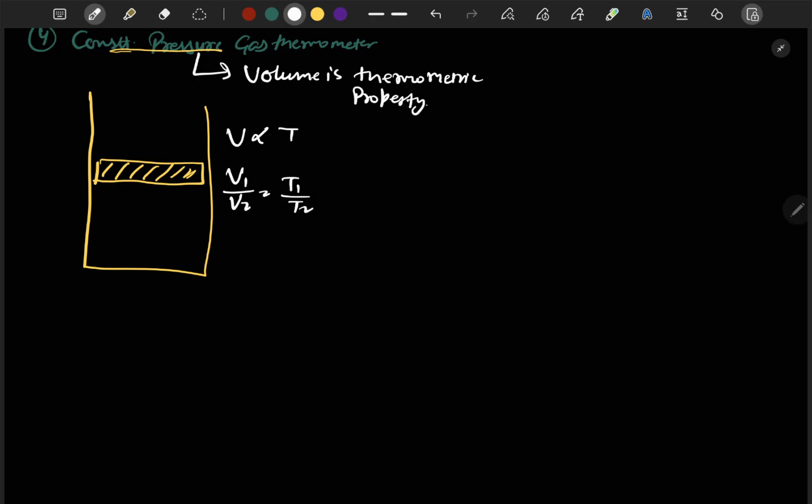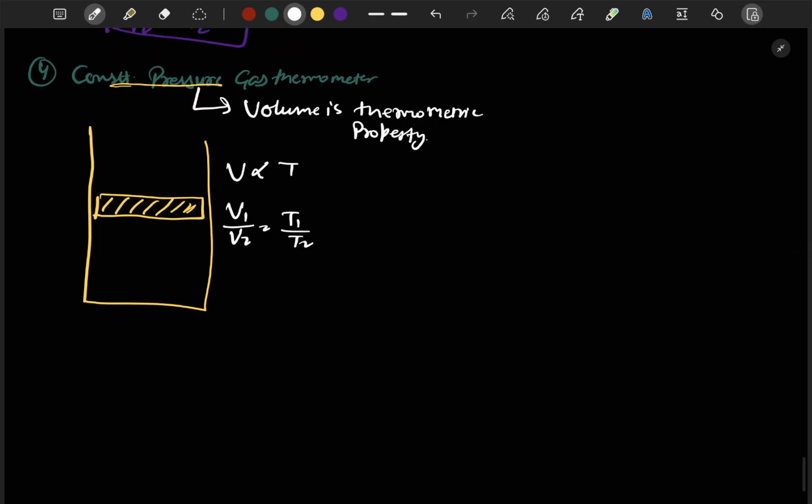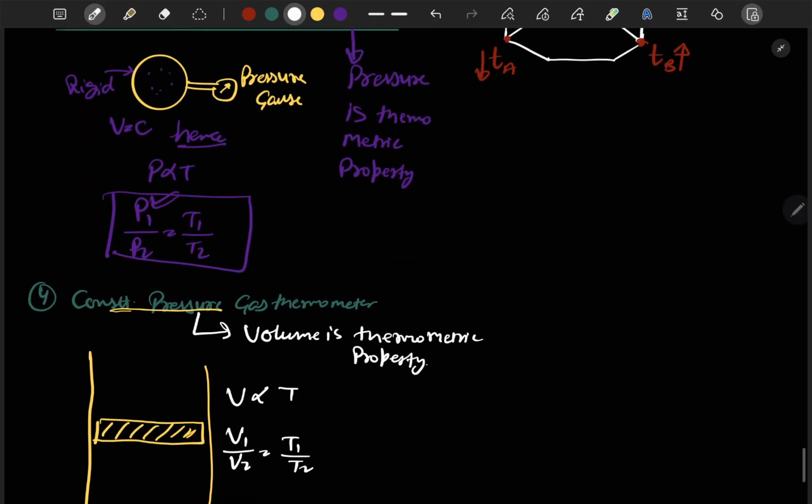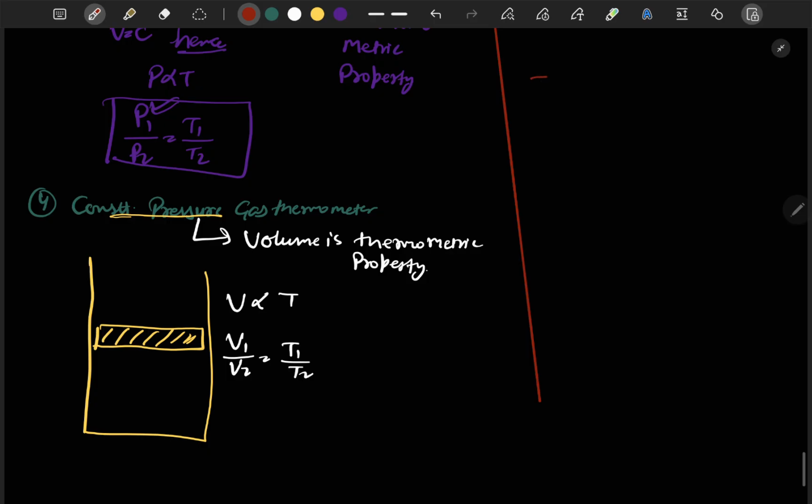Okay, so both constant volume and constant pressure gas thermometers are called ideal gas thermometers. So let's see what an ideal gas is first. For an ideal gas, we have a few assumptions.